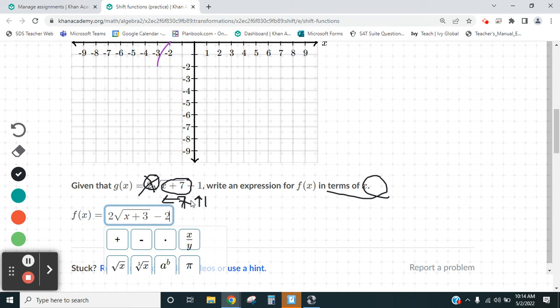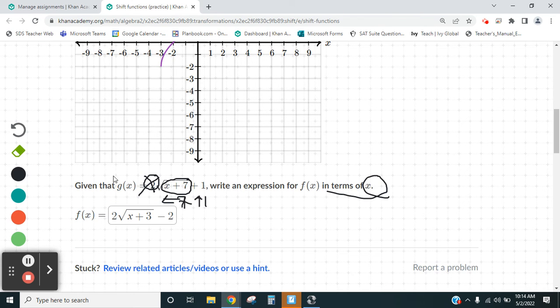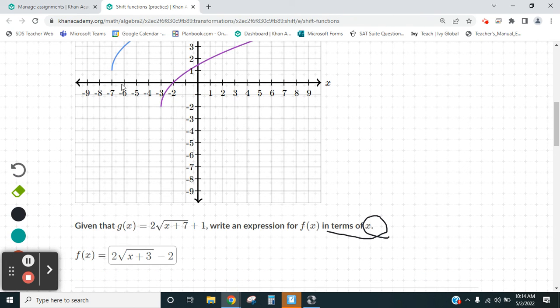Why am I saying to the origin? Well, take a look at how they wrote the equation for g. Where did that 7 come from? Well, that's because it's over 7 and up 1, right? So if I'm writing the equation for f, I better do it the same way. I have to leave everything else the same. This 2 we'll get to later on this week, but that's a vertical stretch. But that does not apply to these shifts.